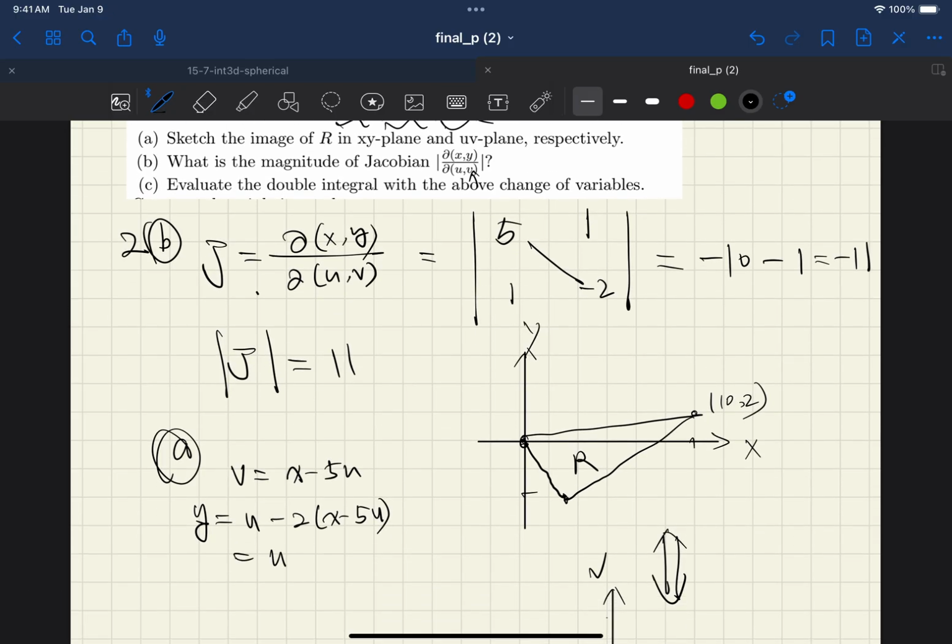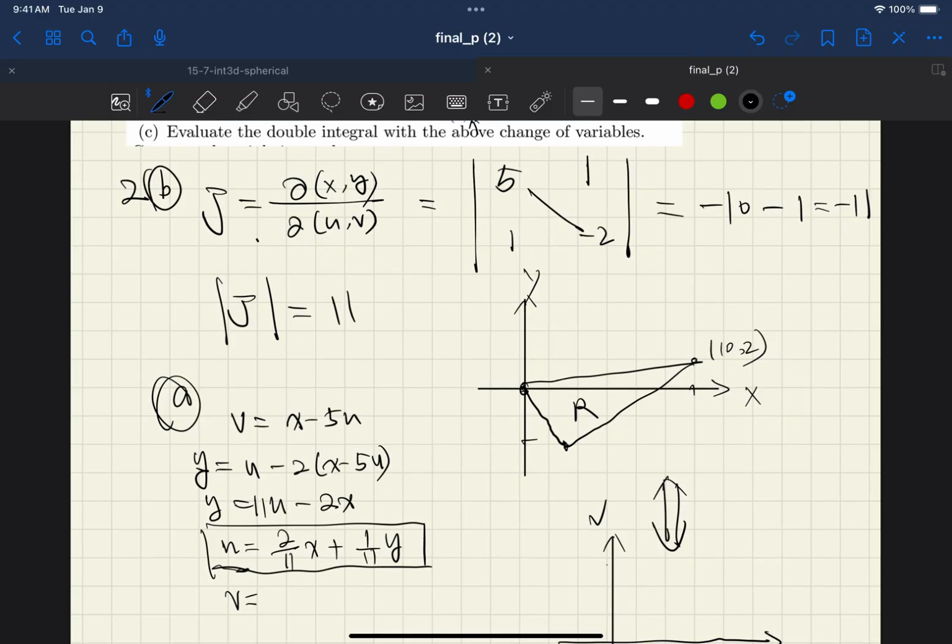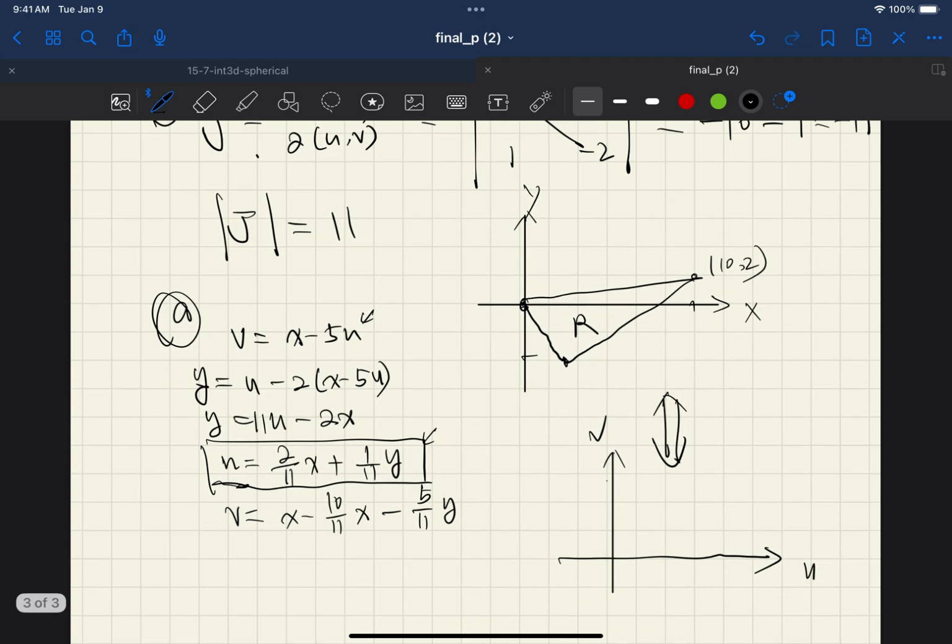Then this is u minus 2x plus 10u, which is 11u. And then u is 2 over 11 x plus 1 over 11 y. So you need to solve for u and then solve for v. Coming back here, because I have u already, v equals 1 over 11 x minus 5 over 11 y.